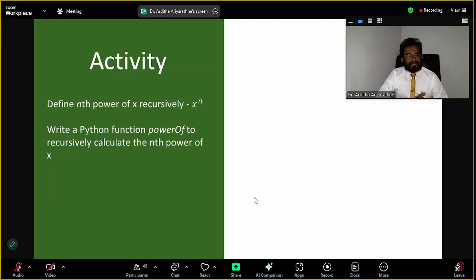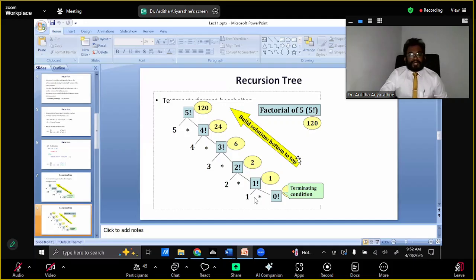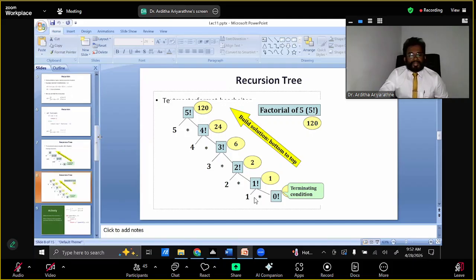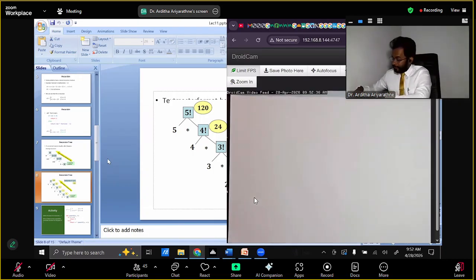Write a Python function power of to recursively calculate the nth power of x. I just want to explain a little bit more. What is this nth power? Here I am taking a new paper.